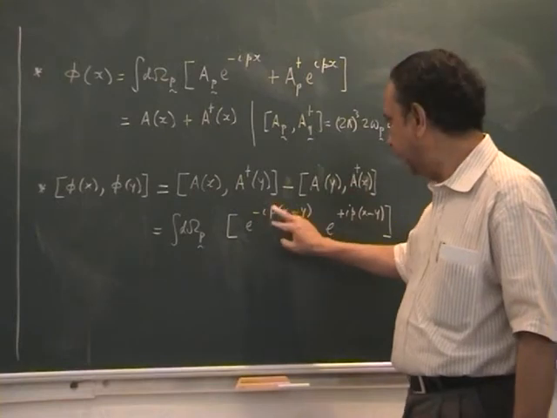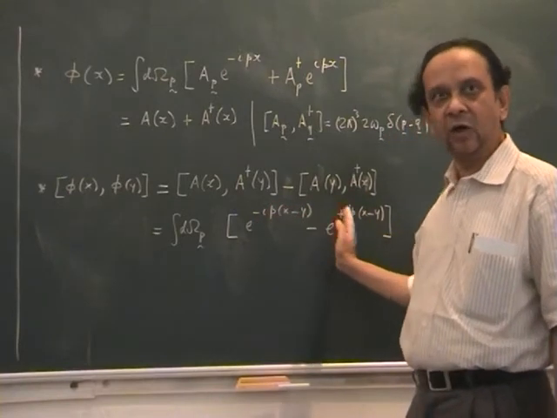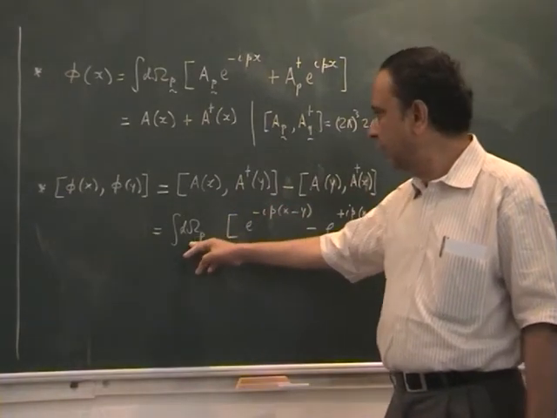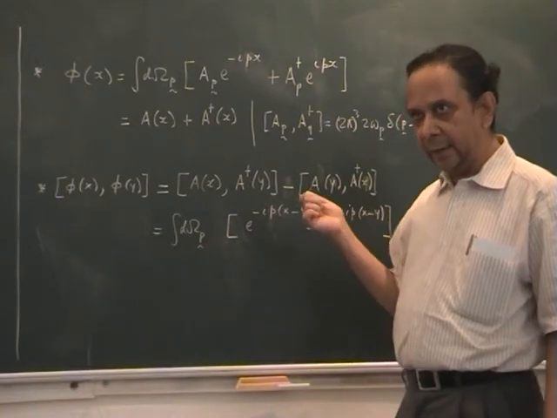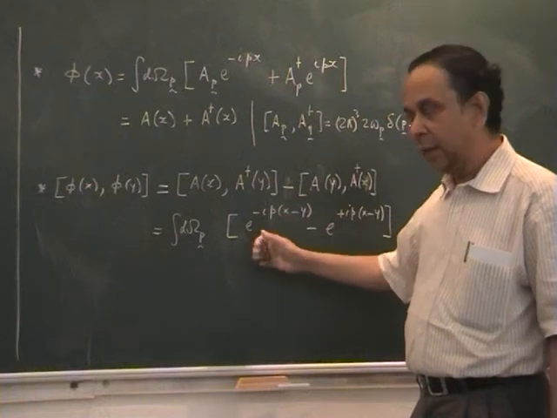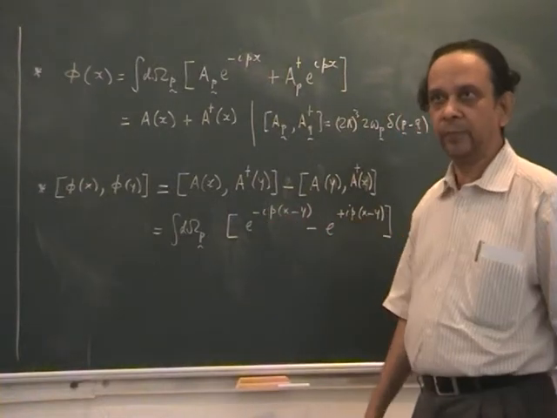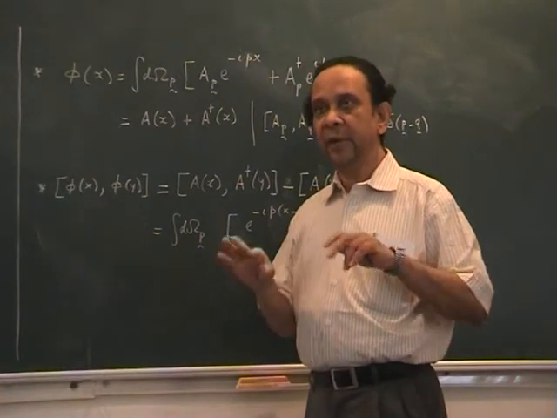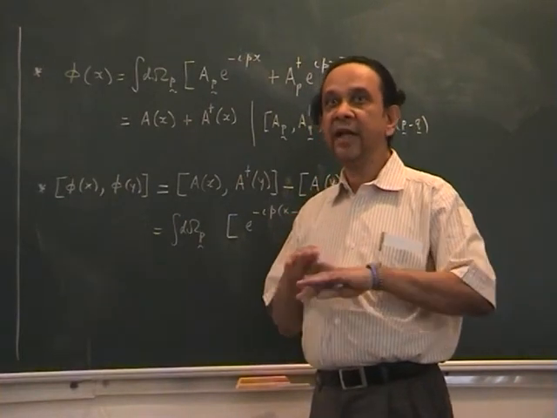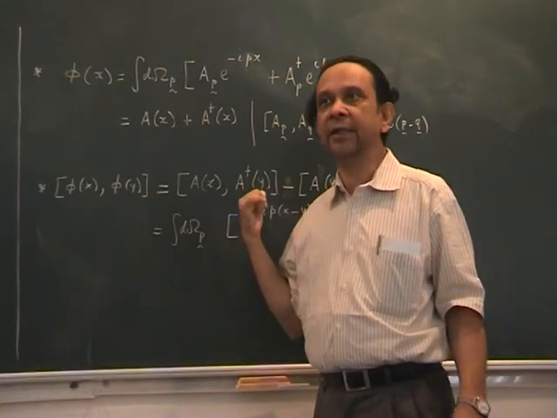That is, P flipped to minus P is all that goes on. But I know that this is invariant under P going to minus P. So when the time labels are the same, these two things just cancel out. Because of Lorentz invariance, we also immediately get the result that on any space-like hypersurface, this vanishes.